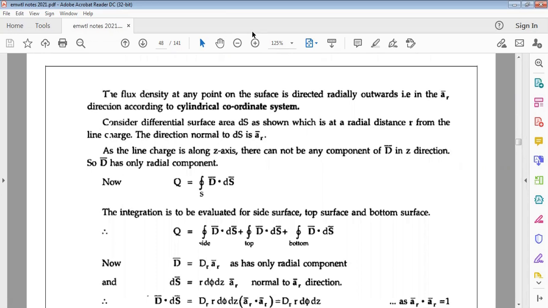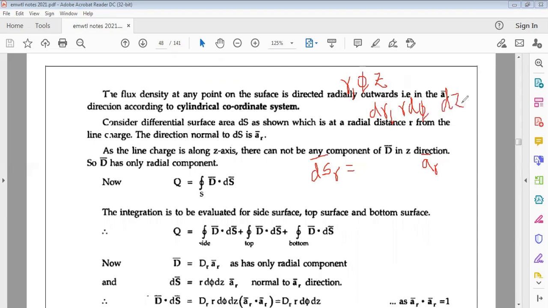So we know in the cylindrical coordinate system, with r, phi and z, the differential surface area normal to the r direction is ds r bar, equal to AR bar, with differential elements dr, r d phi, and dz.